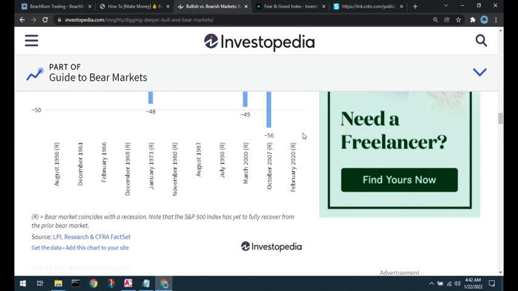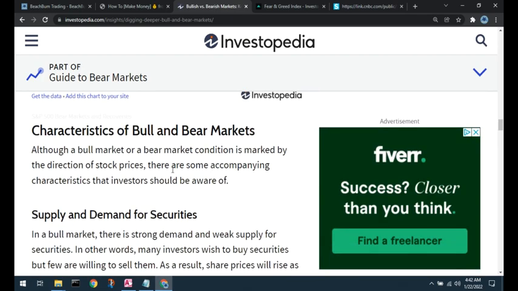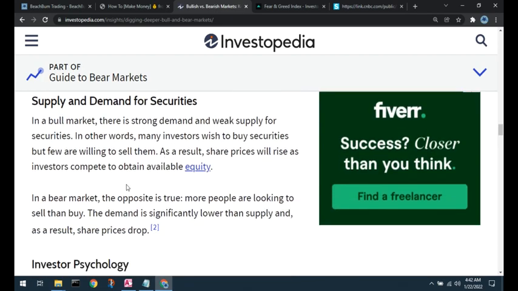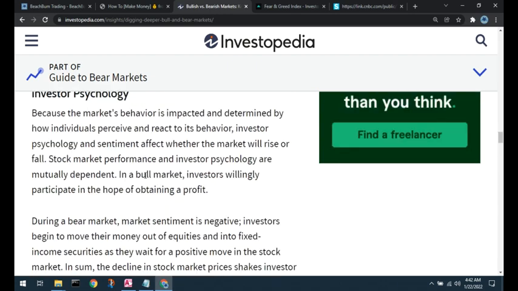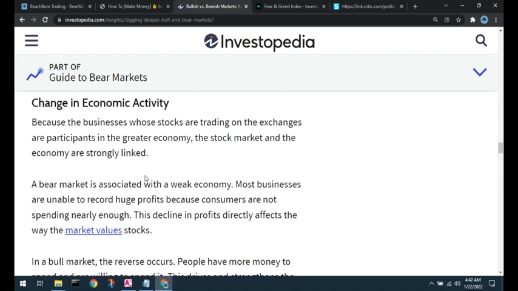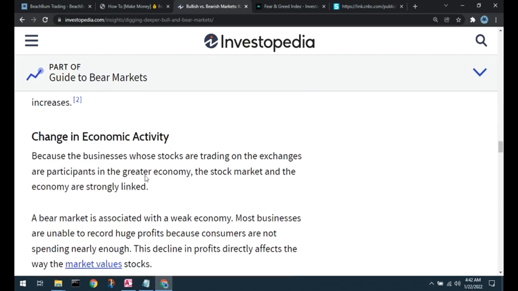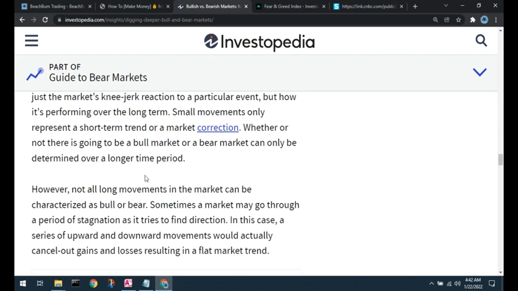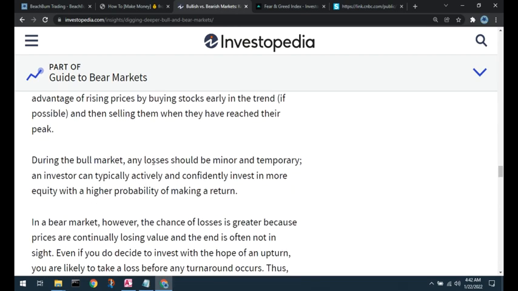I think they say it was the shortest in history. And you can see, we haven't technically had a lot of bear markets in the 2000s. So again, you can find more information, the characteristics, psychology, etc., and also how to play these things, what to do in each market.